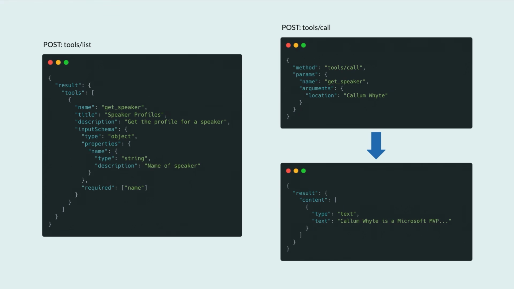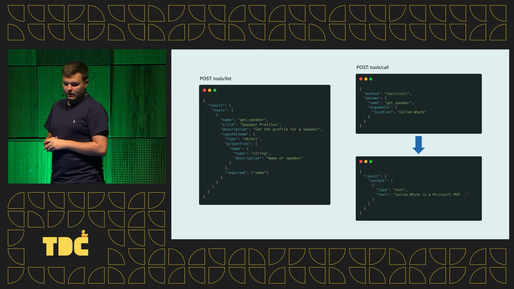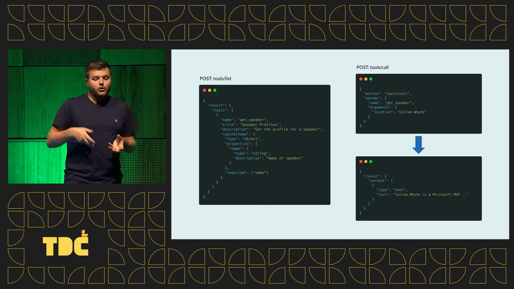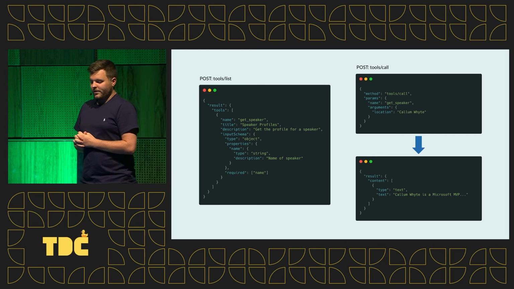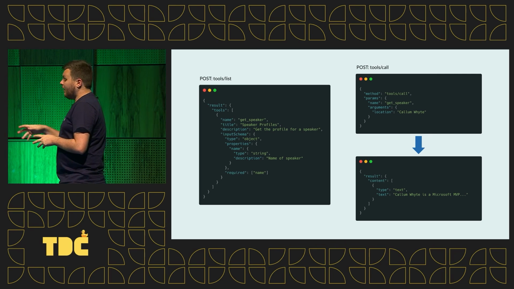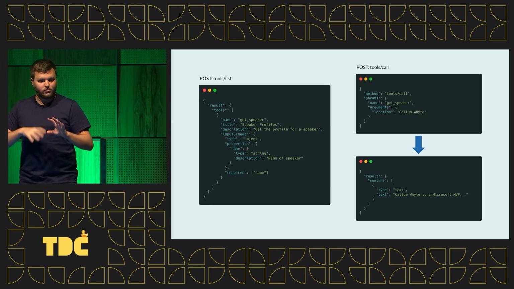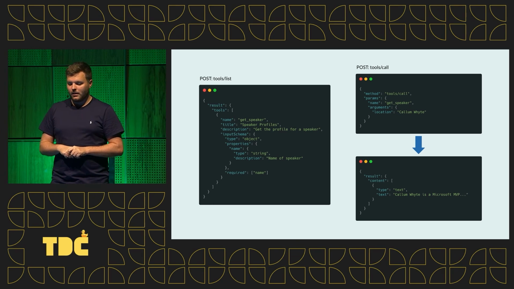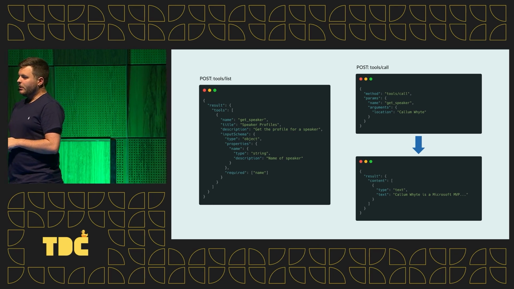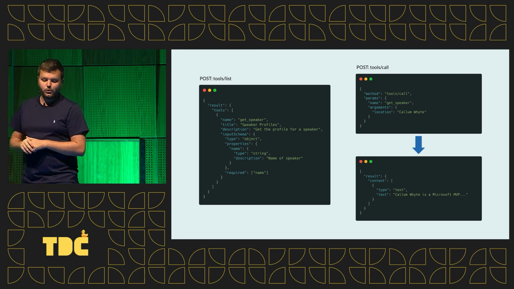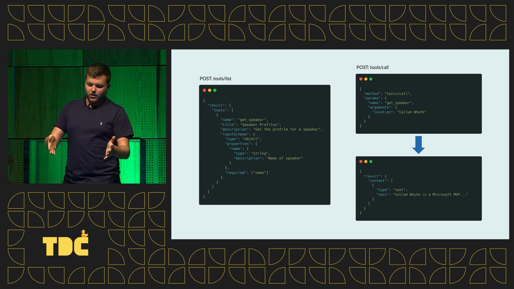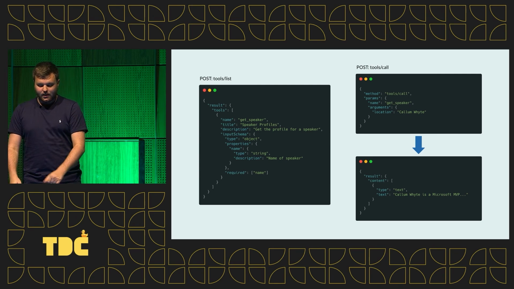And as well, a list of inputs and potentially outputs as well. You can say these parameters are required, you must pass these values in order for this function to execute properly. And the LLM will then use this information to determine what should actually be called. After we've determined this tool should be called, we post off to tools/call with the name, with our arguments, and we get back a nice result.